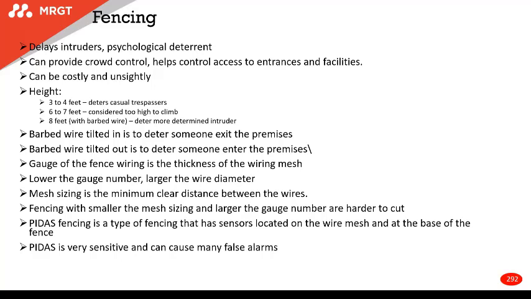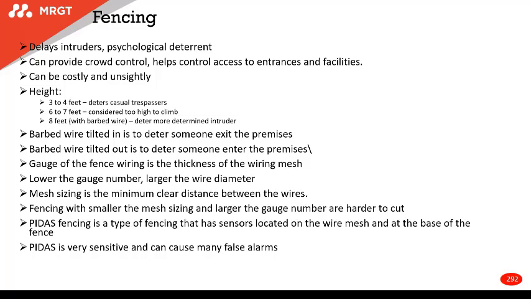If they are tilted out, it means that we are trying to keep people out and not allowing them to enter inside the facility. So these barbed wire directions are sometimes used to define the security purpose.